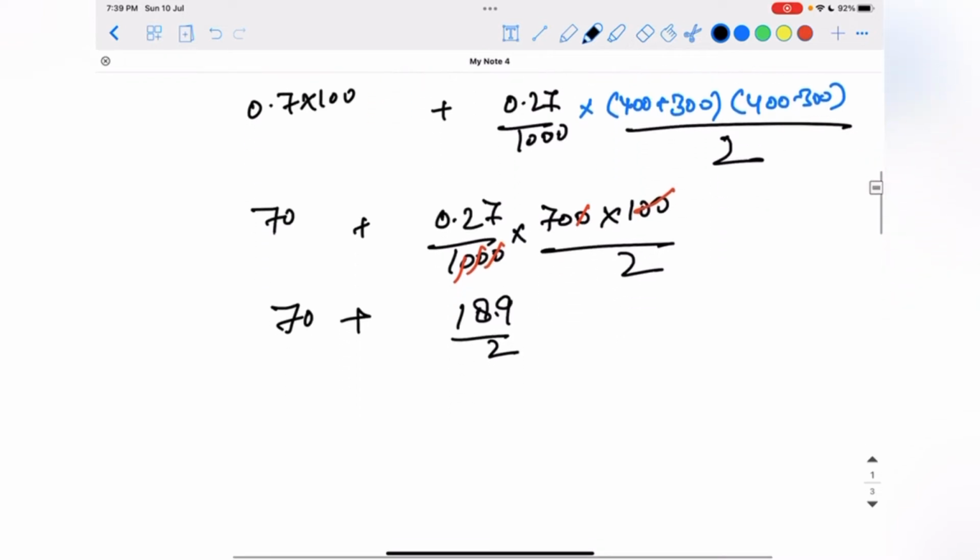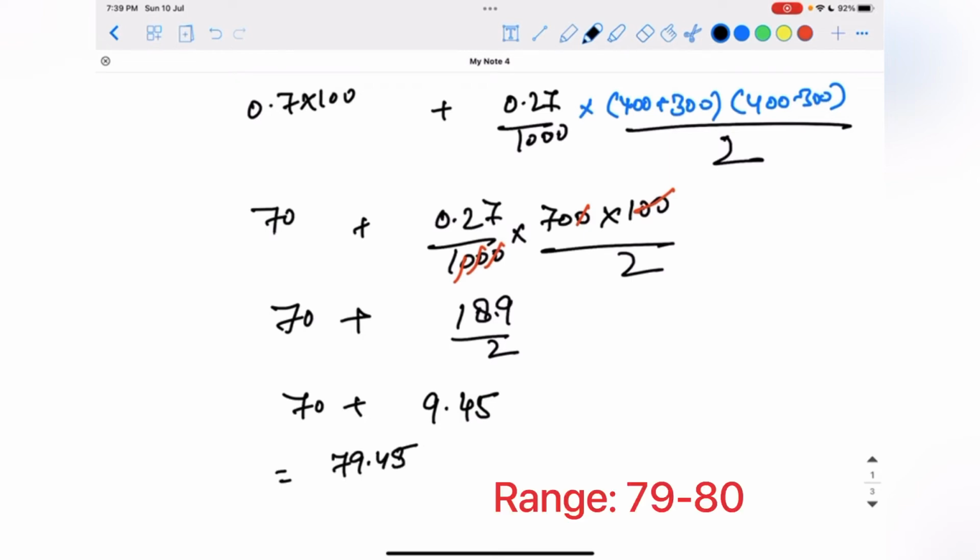I am doing this just to avoid the calculation from the calculator. So 2 nines are 18, 2 fours are 8, 9.45. The answer is 79.45. So this is the final answer that we have got.